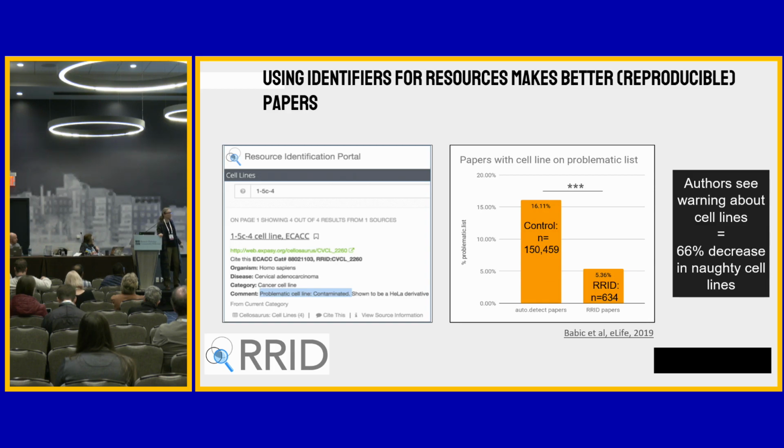This one's been shown to be a HeLa derivative, right? That's a problem. Do authors see that, or do they ignore it? The answer is in that graph. They see it and do not use the cell lines, by a decrease of 66%, over a text-mined version of the scientific literature with 150,000 cell line mentions.